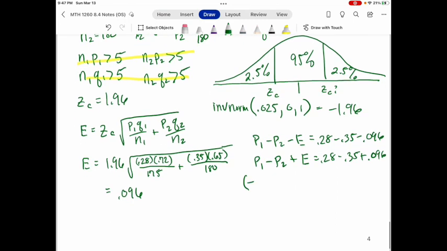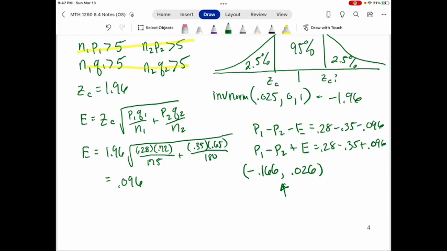I'm going to get the interval goes from negative 0.166 to 0.026. So my population proportion for the difference of the two proportions is going to fall between these two numbers.